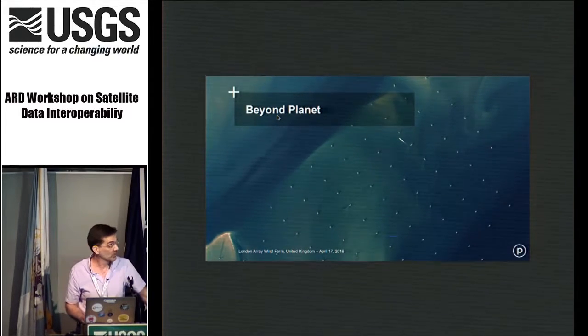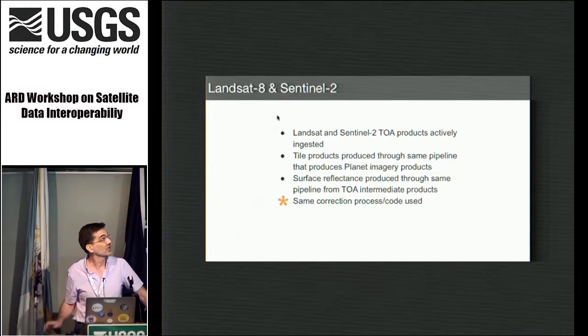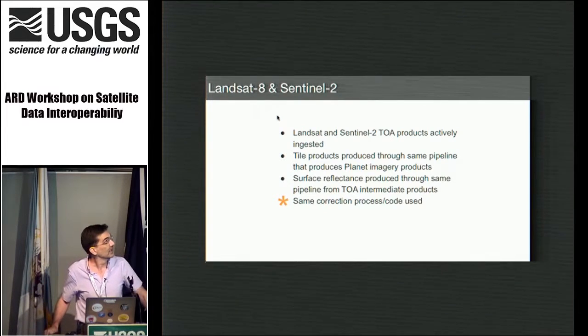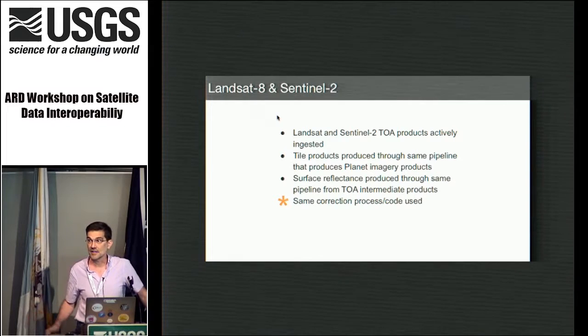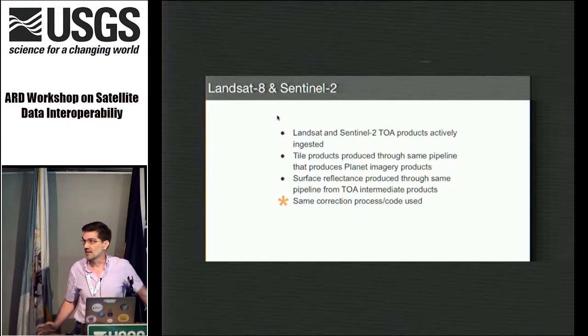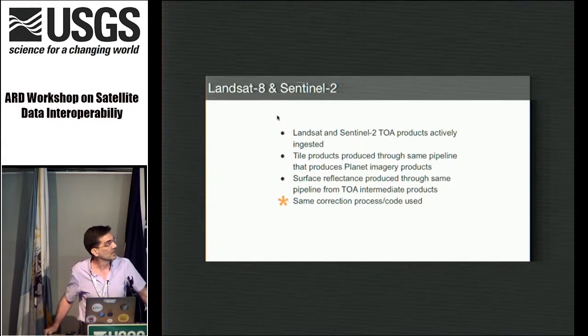Okay, so there's more than Planet's, and the question is, can this be applied to Landsat 8 and Sentinel? The answer is sure, why not? We actively ingest some of that data, and they can be produced through the same pipeline because the pipeline doesn't care what the data is coming from.